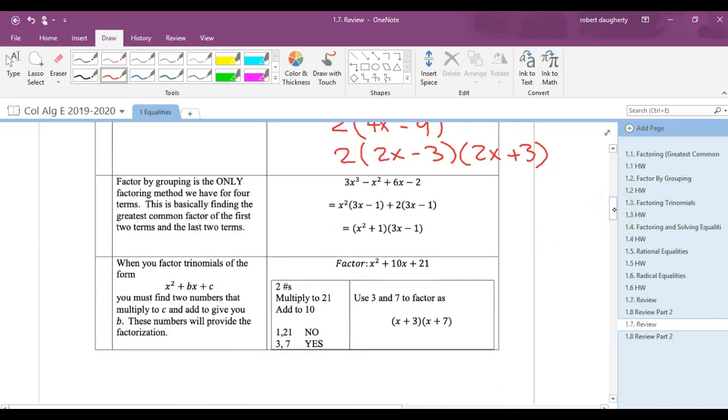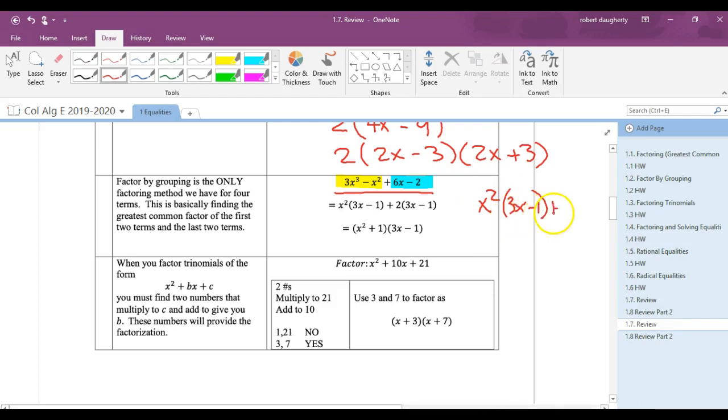Grouping. Remember what I said. Grouping is the only factoring method we have for factoring something with 4 terms. What you want to do is just break this into 2 separate problems. Look at the first 2 items. What do they have in common? They have an x squared in common. So if I factor out an x squared, I'm left with 3x minus 1.